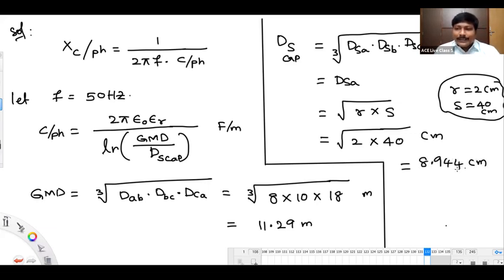And you keep this in meters for easy substitution, so it will be 0.08944 meters. That you substitute and you find capacitance per meter.